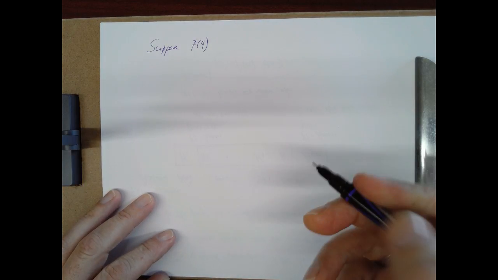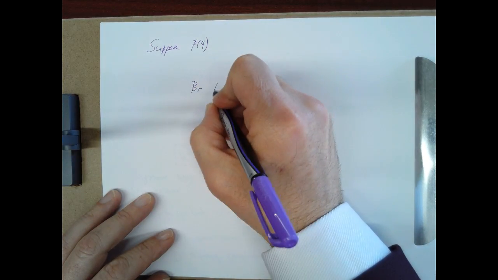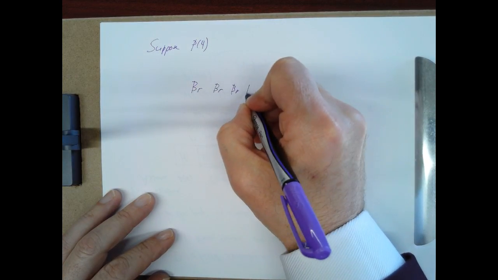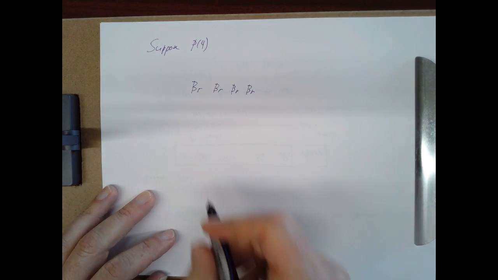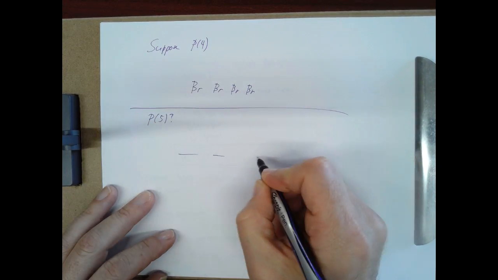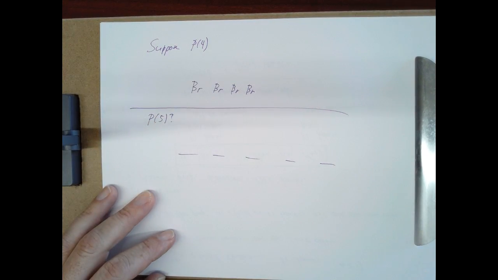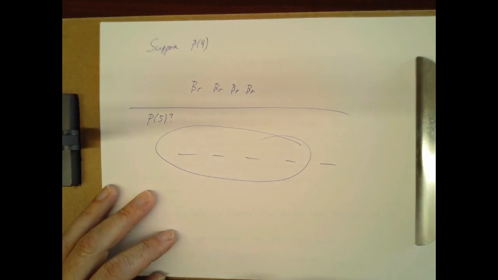So let's just suppose our 4 horses are brown, brown, brown, brown. Okay, if I have 5 horses, what is our proof saying? It's saying these 4 have to be the same color. These 4 have to be the same color.